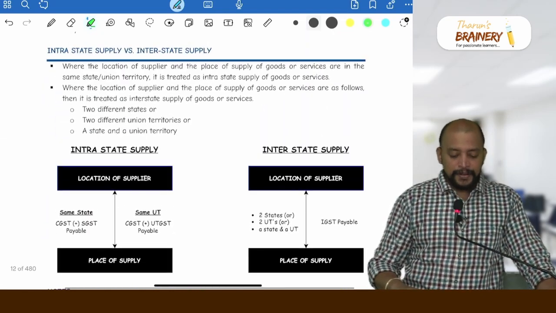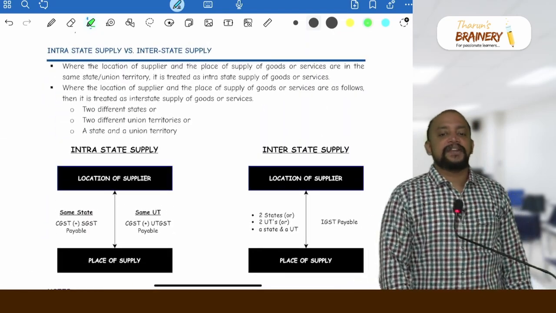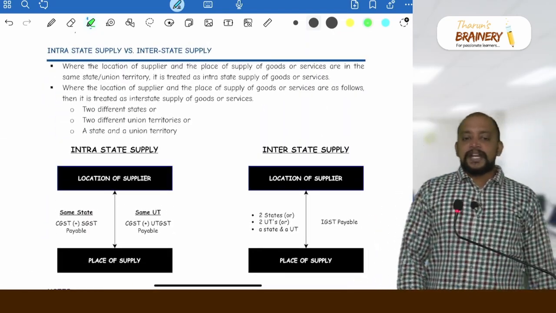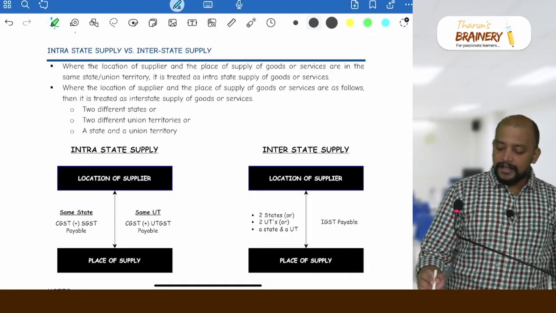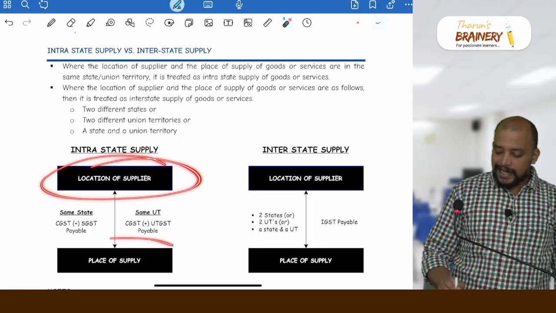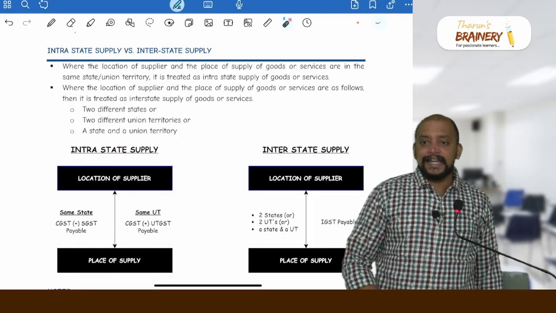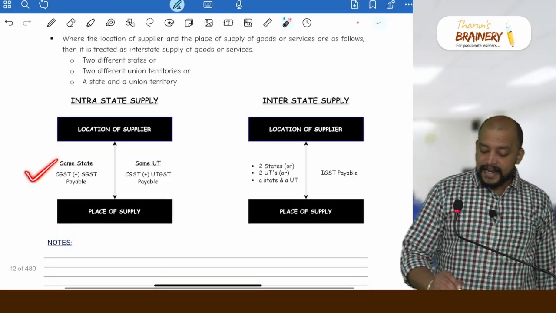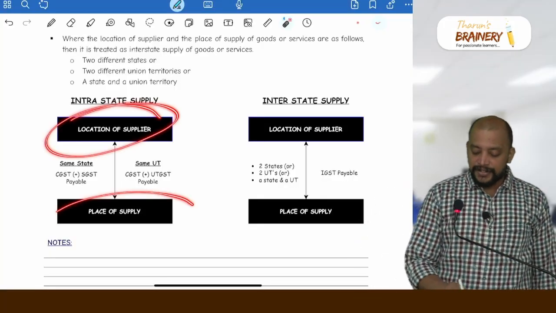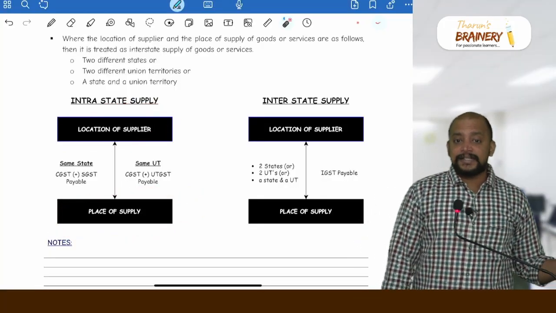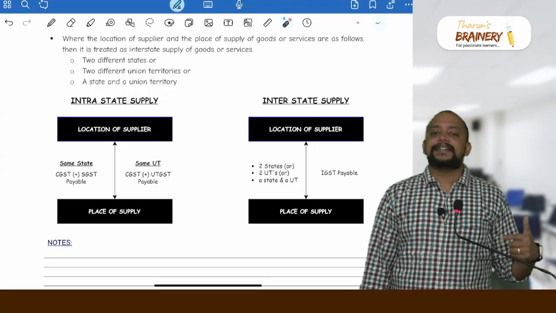Now come back to the previous page. What is the meaning of intrastate supply? If the location of supplier and place of supply is in the same state or same union territory, then it is intrastate supply.